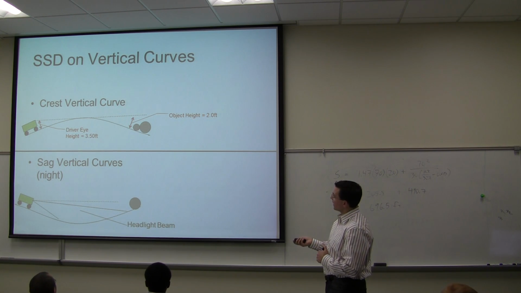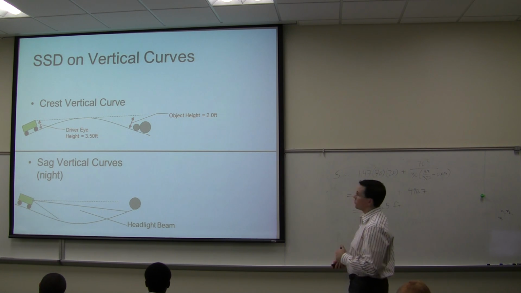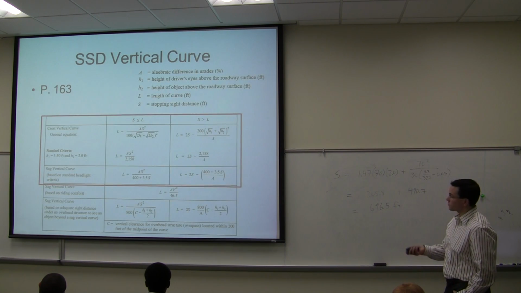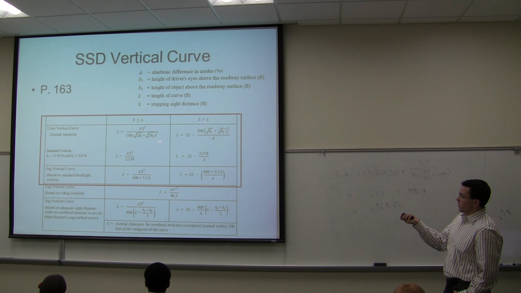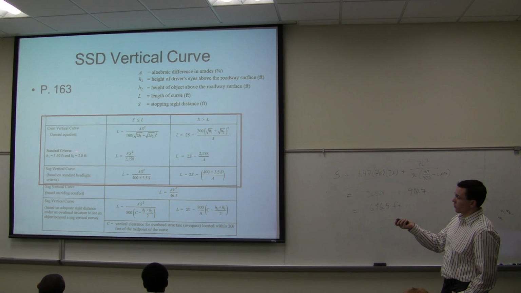The default values are 3.5 feet for the driver's eye height and 2 feet for the object height. If you're given different values of H1 and H2, you can use these two equations to calculate the curve length. But if you're told to use the standard criteria, they've already plugged in those values for H1 and H2.